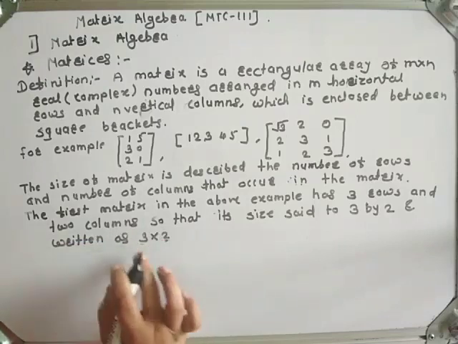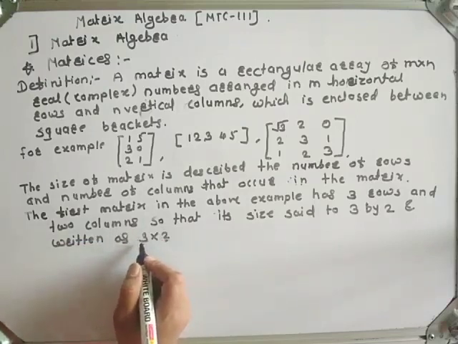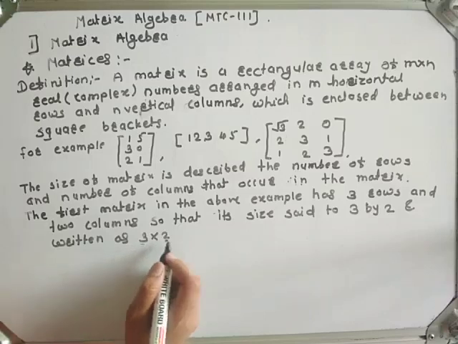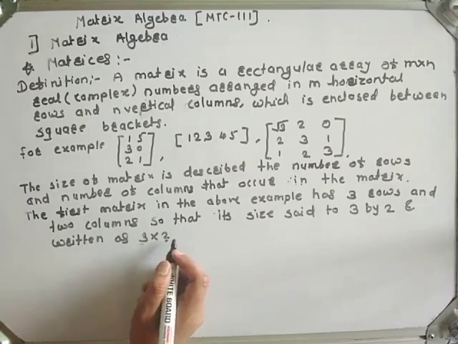Students, always remember that the first number denotes the number of rows and the second number indicates the number of columns.